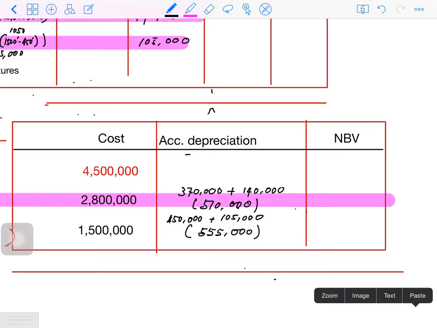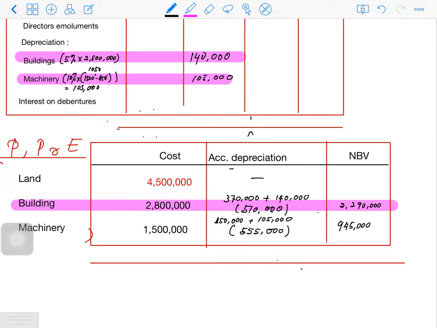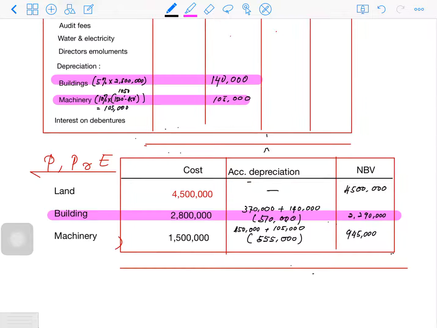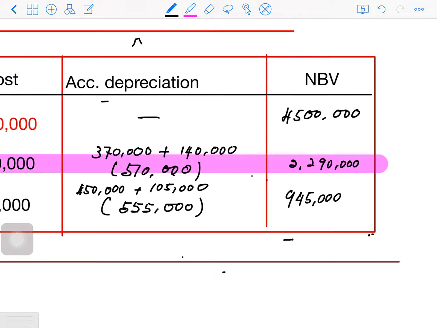So that is your building. For land, normally you have no depreciation, therefore the net book value is 4,500,000. So you can calculate the total amount: 4,500,000 plus 945 plus 2290 gives 7735.